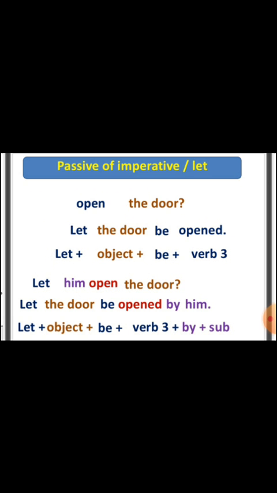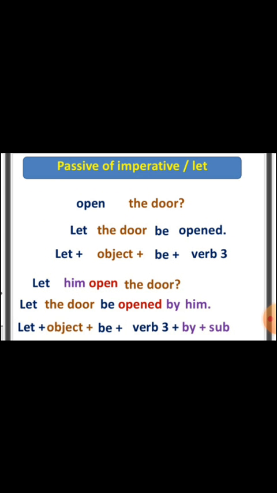Passive voice of imperative sentences means the sentences which start with a verb, and you have to start the passive with let. Like it is given in the example: open the door. Here there is no subject, the door is the object, and open is the verb.